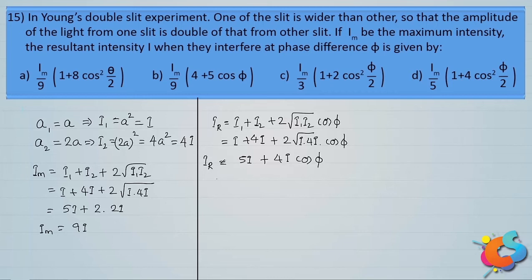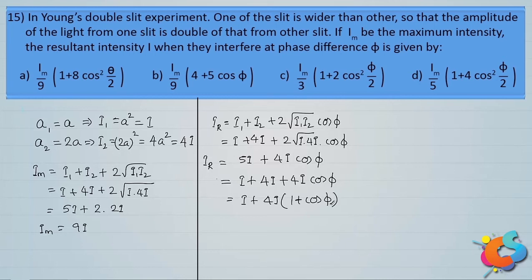You'll have to look at the other three options, which all contain a cos square term. Now in order to get that cos square term, you'll have to make some little adjustments here. So I'll write this 5I as I plus 4I, so that you'll get 4I common here. So I'll get one more 4I cos phi as it is. Now I plus 4I plus 4I cos phi can be written as I plus 4I into 1 plus cos phi.